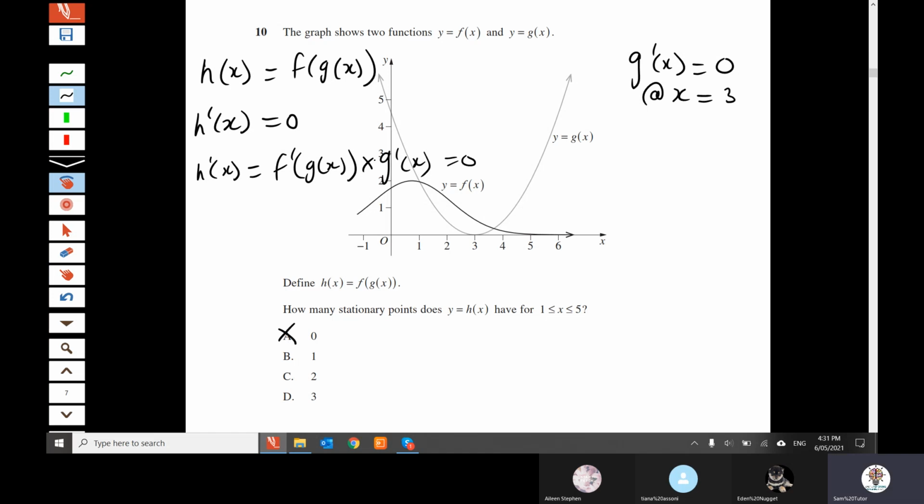Now we're looking at the next component, which says f dash of g of x must equal to 0.